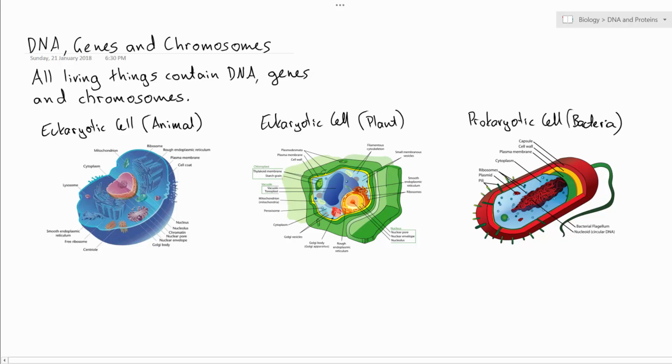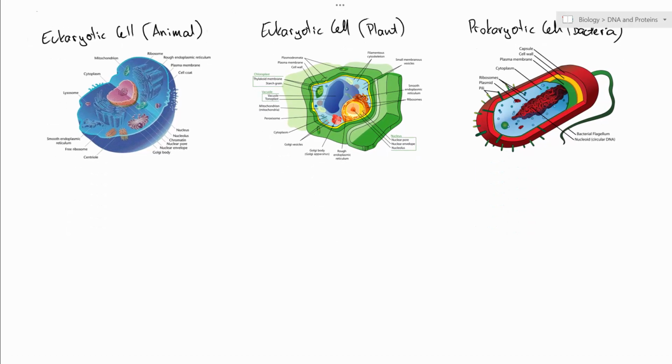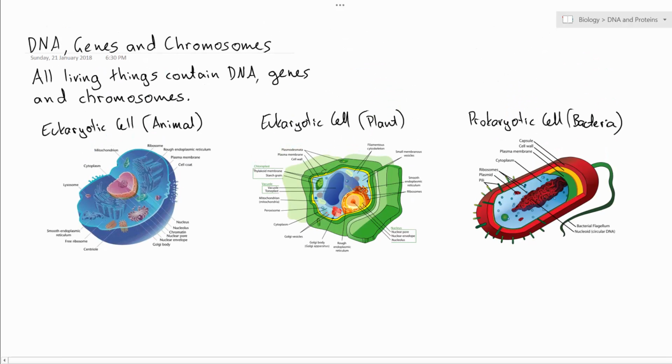So in animals, chromosomes are going to be located in the nucleus, which is an organelle, a region inside of the cell, in the middle of the cell. So it's an area in the middle of the cell which holds onto the chromosomes.